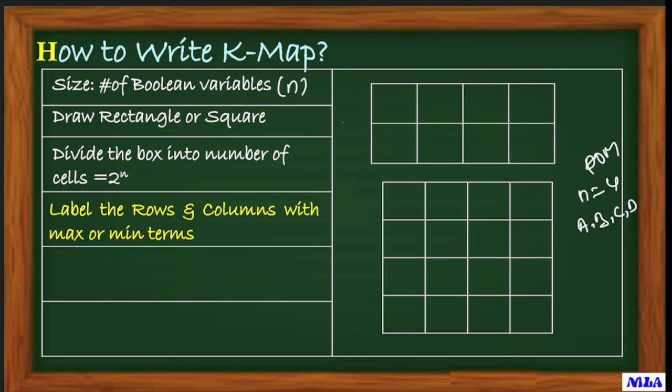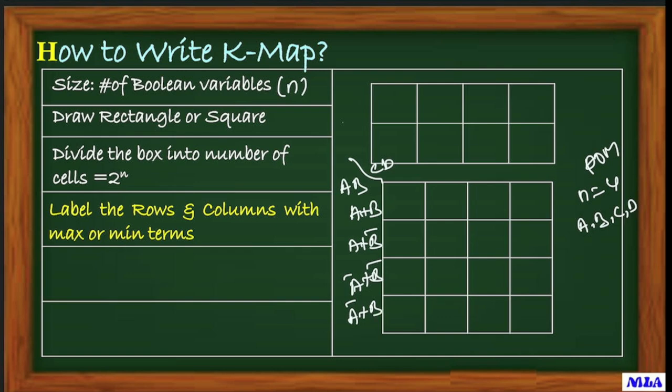Then we will label the rows and columns with the max terms. Let us use a and b for labeling the rows, c, d for labeling the columns. So the first row, the max term is a or b. The second row, the max term is a or b bar. Third row, the max term is a bar or b bar. The fourth row, the max term is a bar or b.